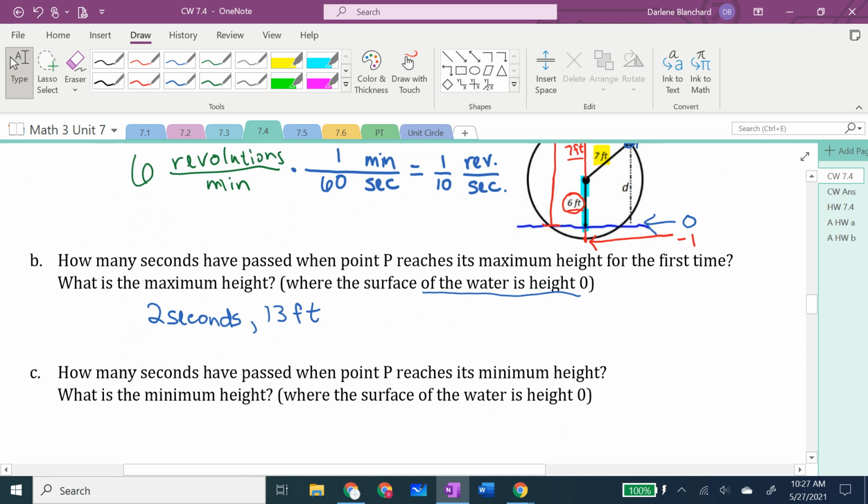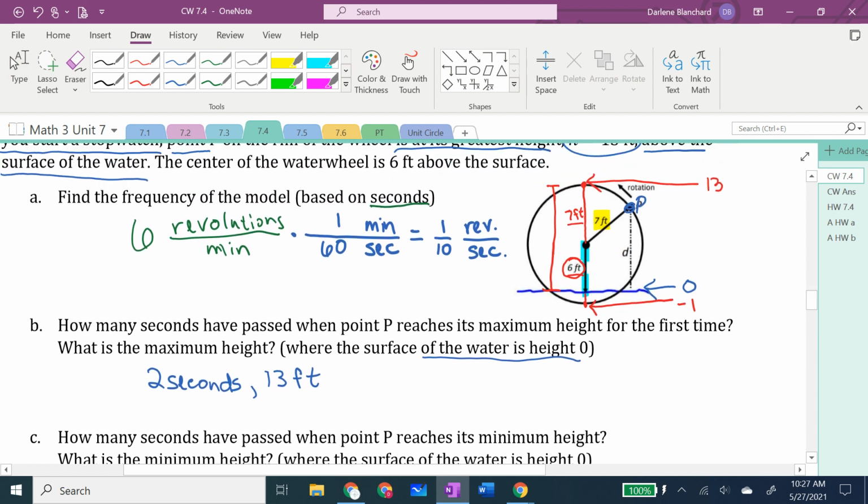Now the next question is, how many seconds have passed when P reaches its minimum height? And what is that minimum height? Now realize that 2 seconds pass to get me to this highest point.